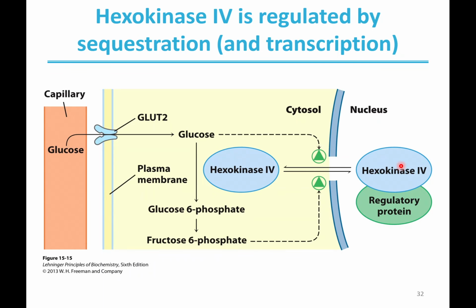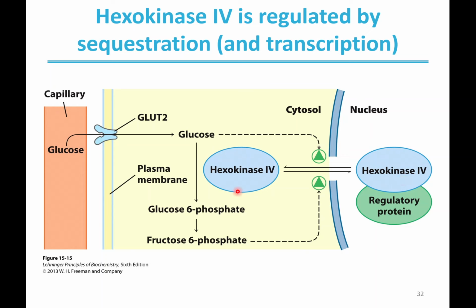Okay. Hexokinase 4 is regulated by sequestration and transcription. If we think back to those points of regulation, if I remember correctly, point 2 is transcription, and point 6 was sequestration. So how does this happen? Well, when glucose comes inside the cell, that activates a pathway that helps hexokinase be expressed.